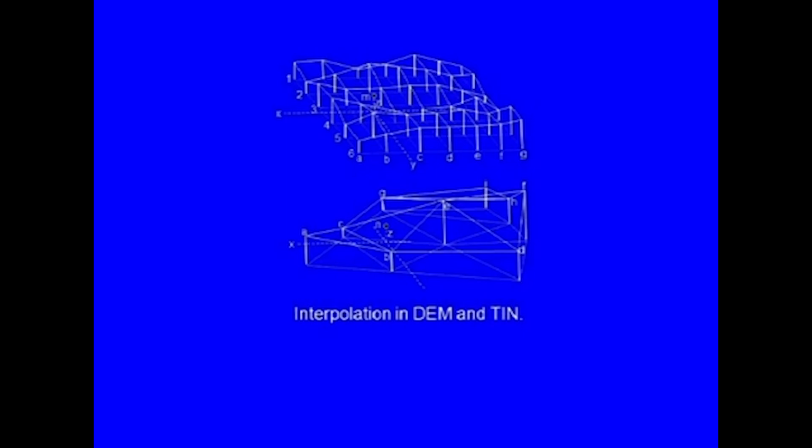Similarly, in the TIN, this particular point N, whose height is to be estimated, lies within the triangle C, B, C and E. So, now let us look how we would do the interpolation.